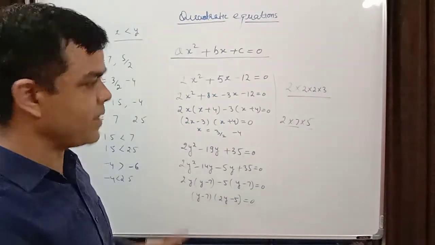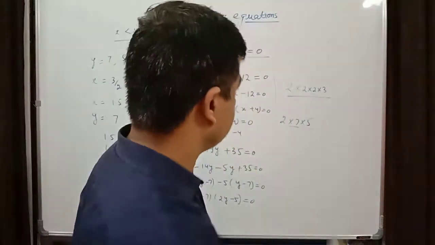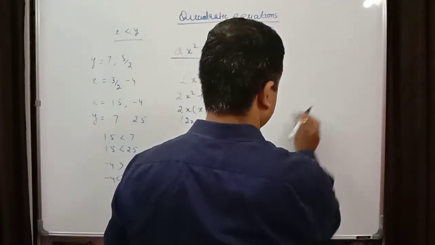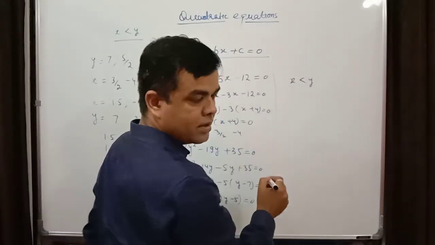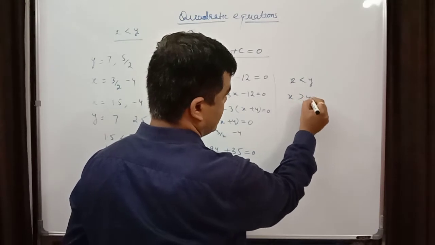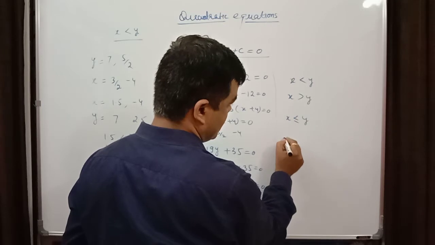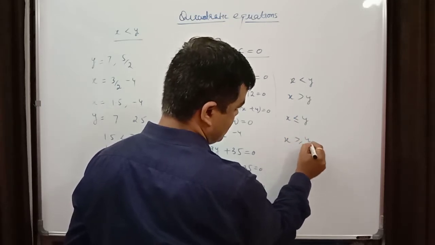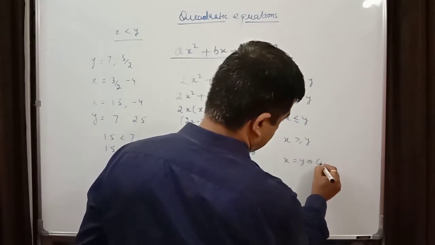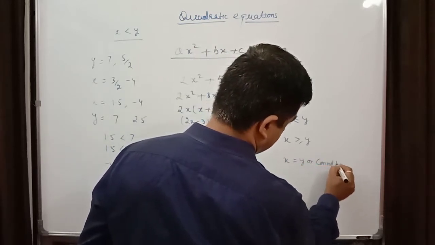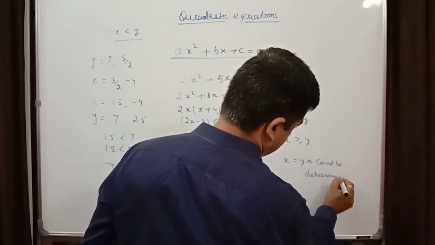There will be 5 conditions. What are those conditions? First, x can be less than y, x can be greater than y, x can be less than or equal to y, x can be greater than or equal to y, x is equal to y, or cannot be determined.